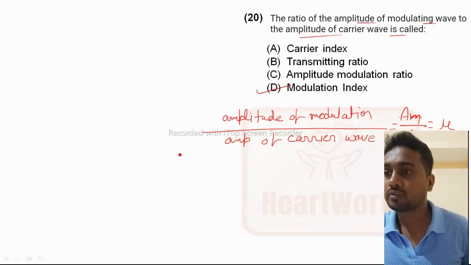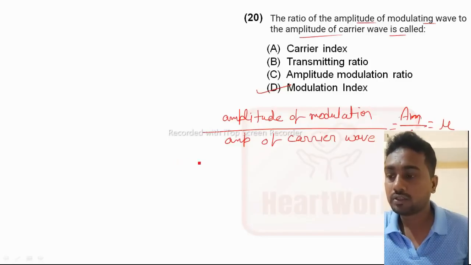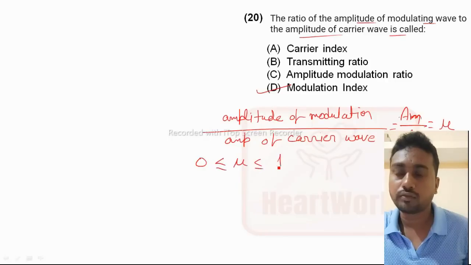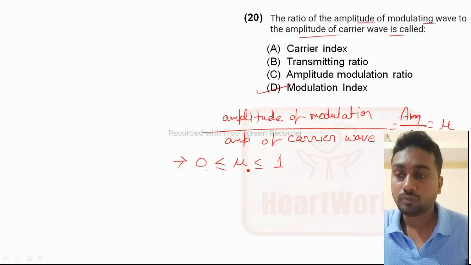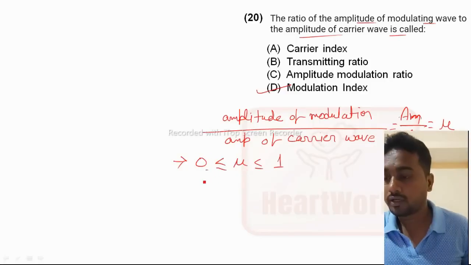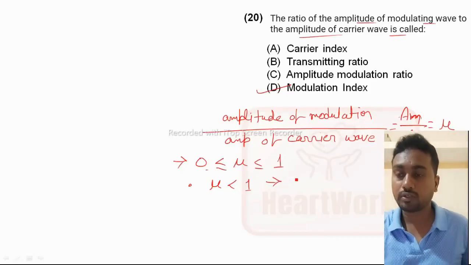One thing you can remember also, because many times it will be asked in questions: modulation index varies between 0 to 1. And also, if mu is less than 1, then the AM wave is called under modulation.